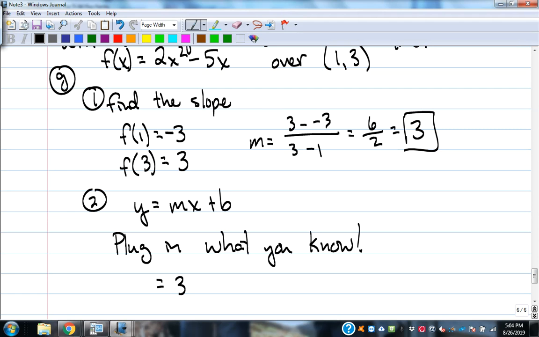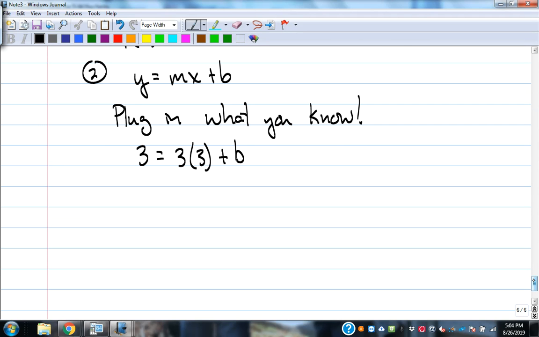I've got 2 ordered pairs up here that I found when I did all that work with that interval. I've got either (1, -3) or (3, 3). I'm going to plug in (3, 3). It doesn't matter which one of the ordered pairs you plug in. I'm just going to plug in an x value of 3 and a y value of 3 because that's this ordered pair. So that'd be 3 equals 3 times 3 plus b. And we don't know what b is. That's what we're trying to find, the y-intercept for that equation.